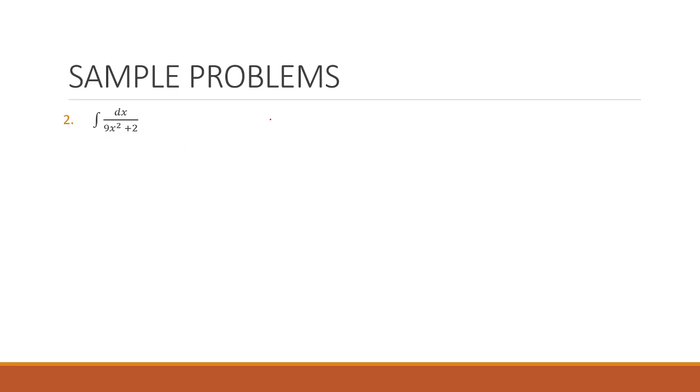Tama ba? And 2, although 2 is not a perfect square, we can convert 2 into an expression where we can extract an exponent of 2 so as to write it as a squared, kumbaga. Okay? So, a is square root of 2 kasi square of square root of 2 is just 2, di ba? And then, u in this case is 3x.